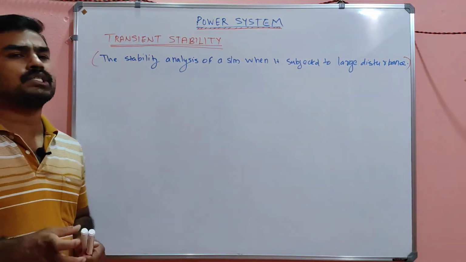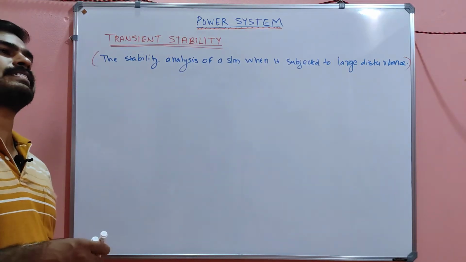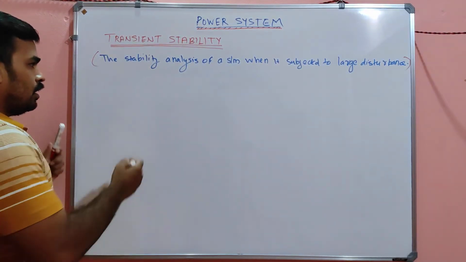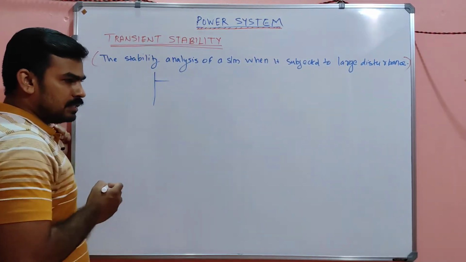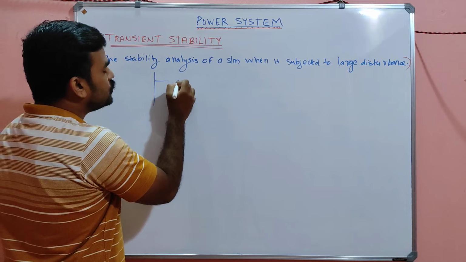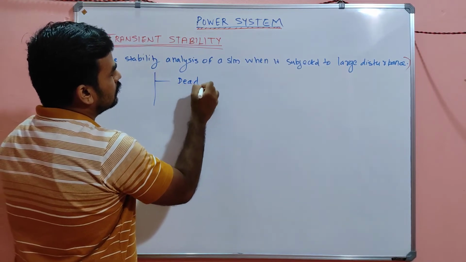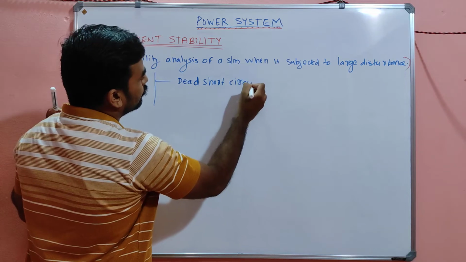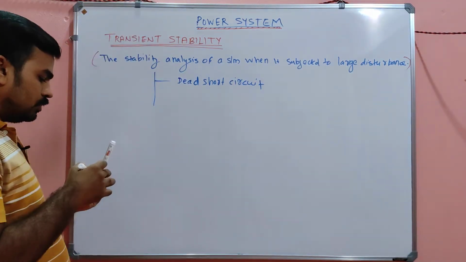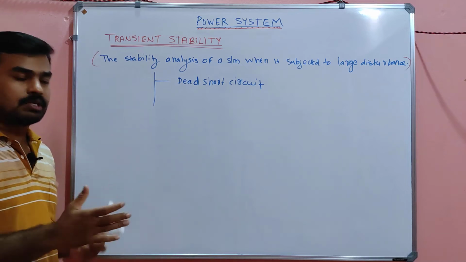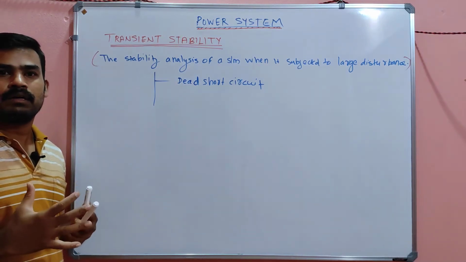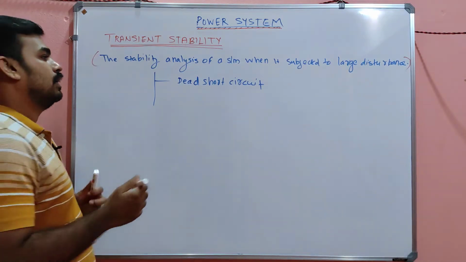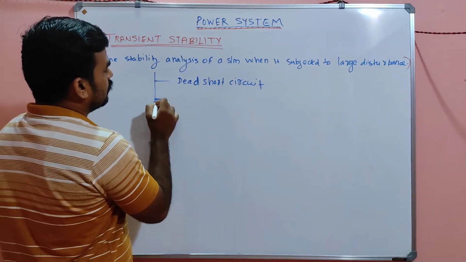What are the examples of such large disturbances in the power system? One of them is a dead short circuit. Suddenly two or three phases of a transmission line are short circuited. That is a type of transient disturbance. Another is contingency.